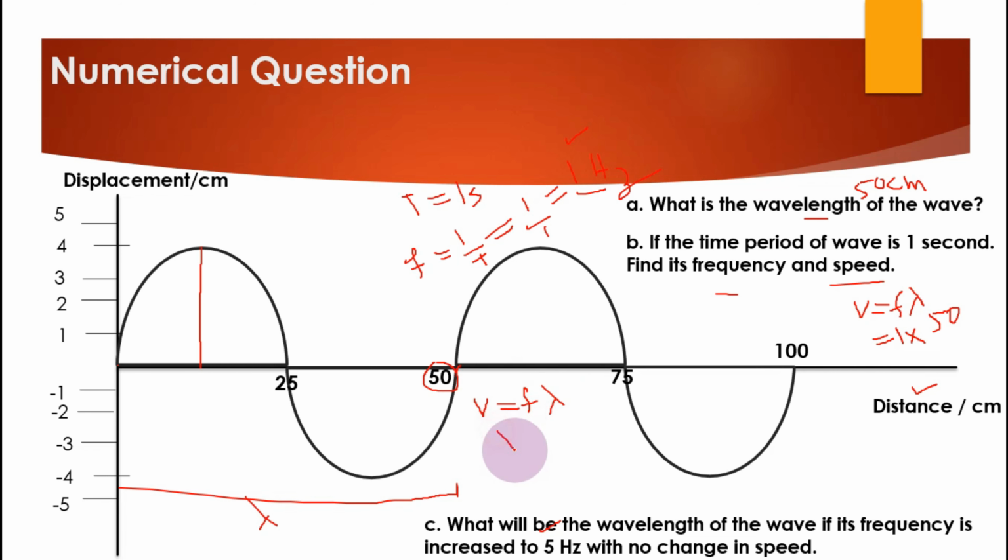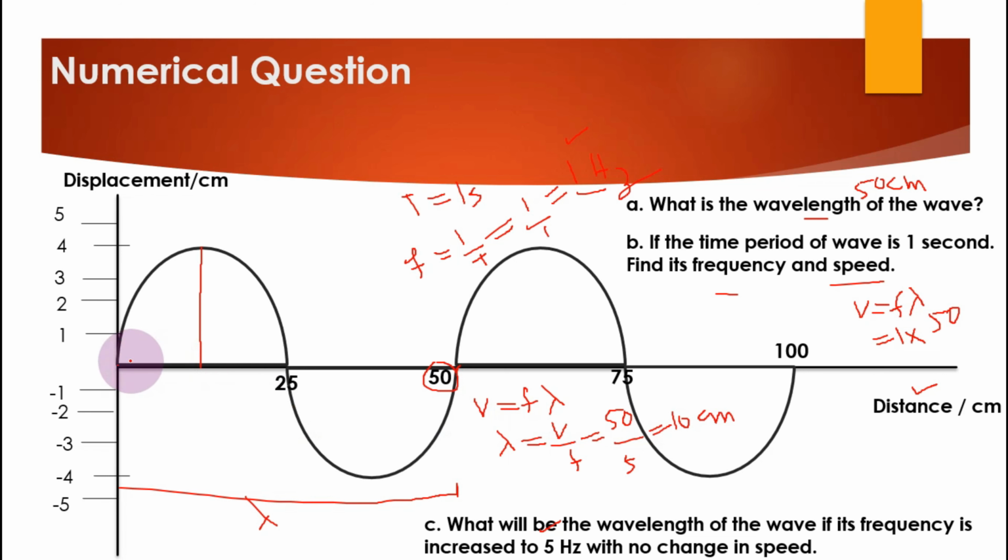So lambda from this equation will be equal to speed divided by frequency. And we know what the speed is. The speed is calculated, and that was 50. So here I write 50, and the frequency is increased to 5 hertz, which is 5 here. So that gives you 10 centimeter.